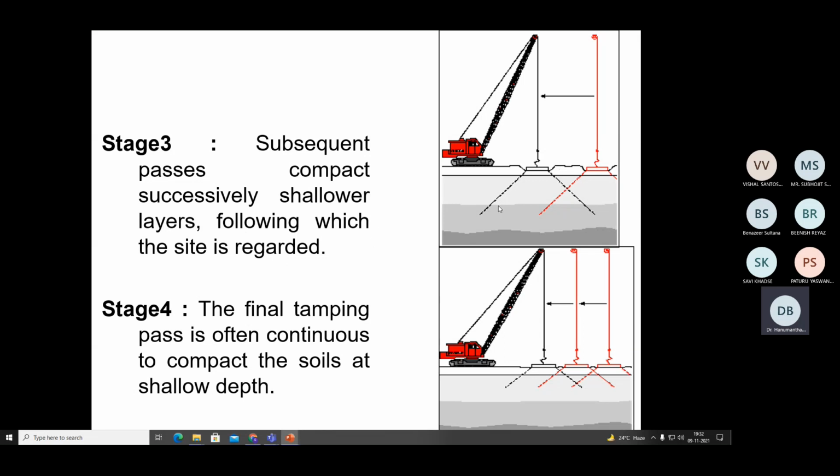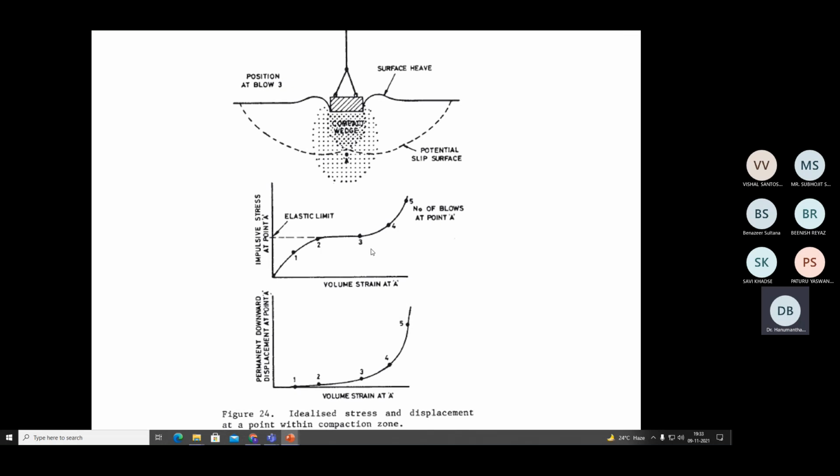Now when I go for the compaction, there are two varieties of compaction. First, my intention is to target deeper depths, and in a second phase I can compact only the shallow layer. I will show you more schematically in the subsequent slides. Now this is exactly what happens. Right beneath the tamper you can see some kind of zone of influence.